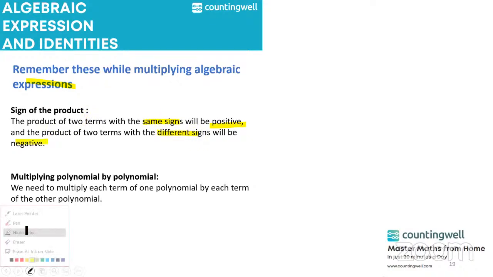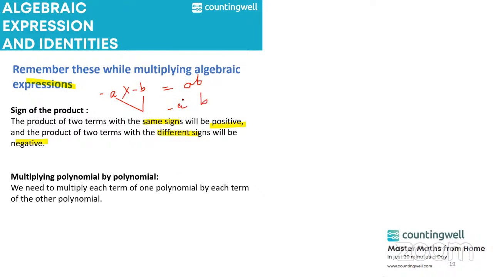For example, if you want to take the product of minus a into minus b, both have the same sign, minus minus, so the product will be positive, which will be ab. But if you have minus a and b and you multiply these two, they have different signs. One is minus, one is plus. So here we have minus ab. That means we'll get a negative product.